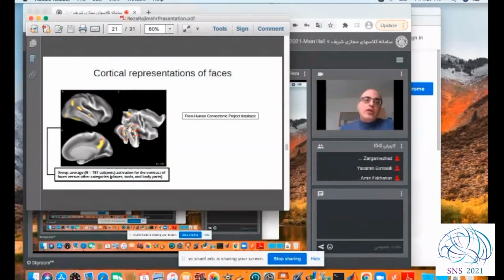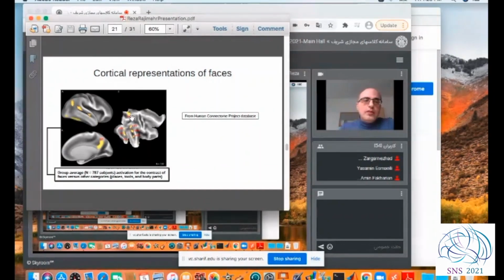Perhaps one of the reasons that you don't see it in some fMRI studies is because of a low number of subjects, and face selectivity here might be weaker compared to FFA. So you need more averaging, you need a better alignment to get this activation.